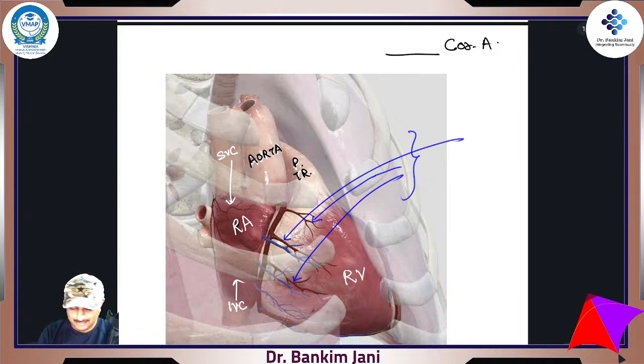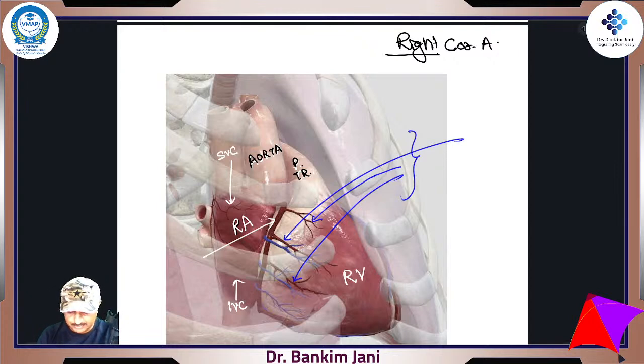It is on the right side, between the right atrium and right ventricle. Yes, exactly right. So it has to be the right coronary artery. This one is the right coronary artery, the main one which is passing. But these are the branches: marginal, right?